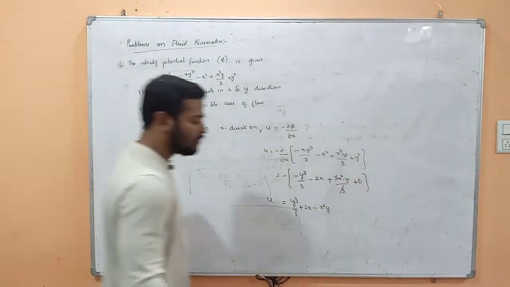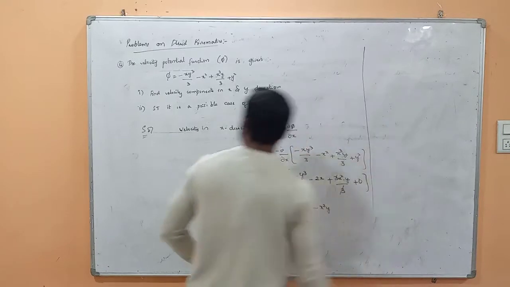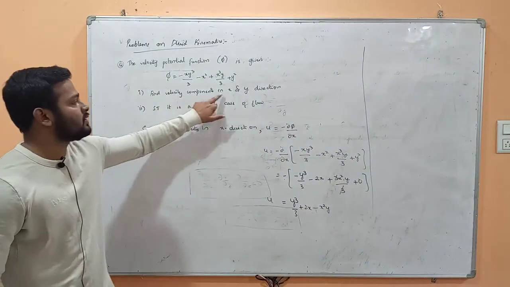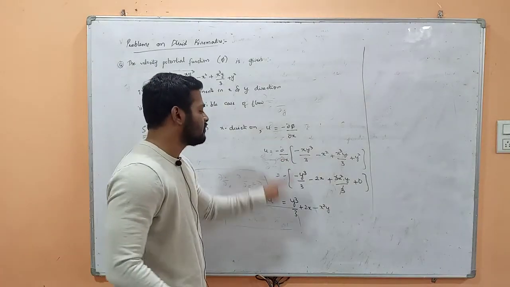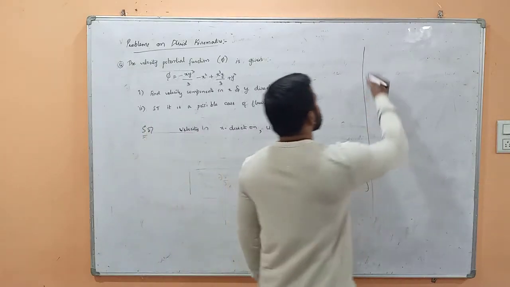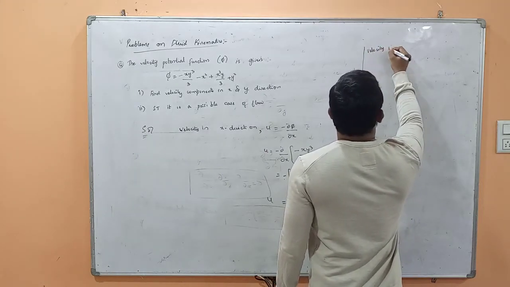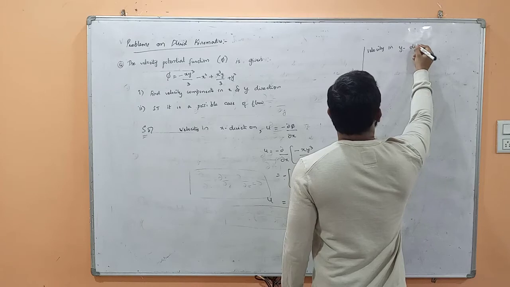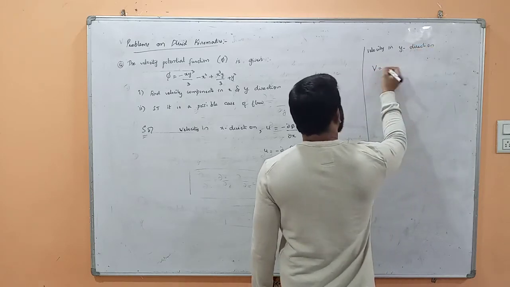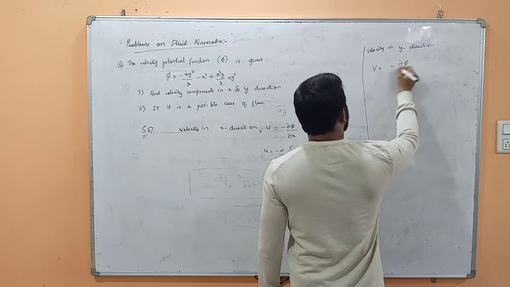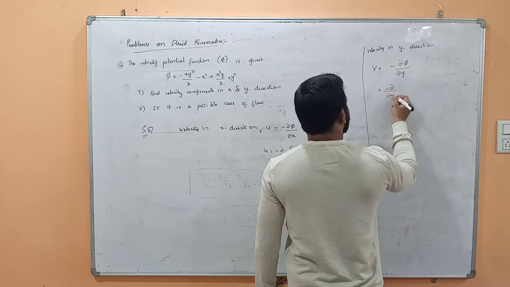Okay, so this is the velocity in x direction. Similarly, you have to find out the velocity in y direction, because the first bit is to find the velocity components in x and y direction. We used the formula for velocity in x direction and got it. Similarly, velocity in y direction: v is equal to minus dou phi by dou y, which is minus dou by dou y of phi.